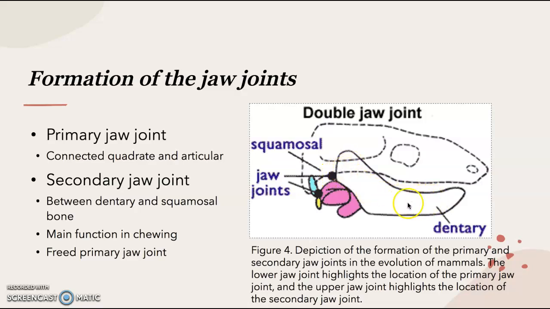This is noting the dentary, which is going to make up the entire lower jawbone, and this is the squamosal bone up here. So the secondary jaw joint was formed between them. And as you can see, because it's located higher up on the jaw, it can help in chewing much easier, as we know of our jaw today.